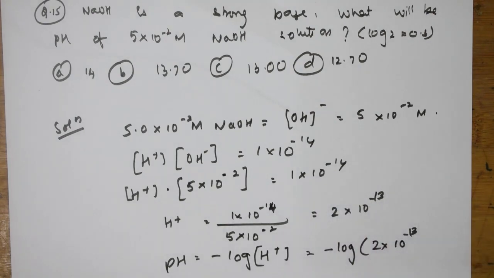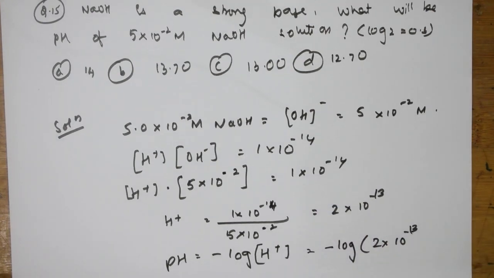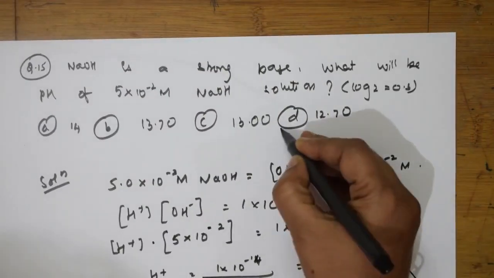Yes, minus 13. So approximately they've given log 2 value here, which is 0.3 they've given. So when I solve this, I've already shown in the log table like that day how to see. So log 2 given already. When I do this, we'll get 12.69, which is approximately 12.70. So the answer is 12.70.